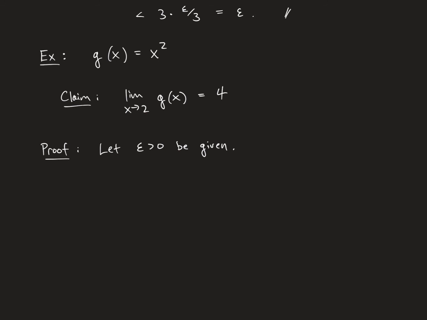Okay, so you need to show that when the absolute value of x minus 2 is less than some delta and greater than 0, then the distance between g of x and 4 is less than epsilon. So let's take a look at that difference, g of x minus 4. Ultimately we want to make this less than epsilon, so this is the goal.